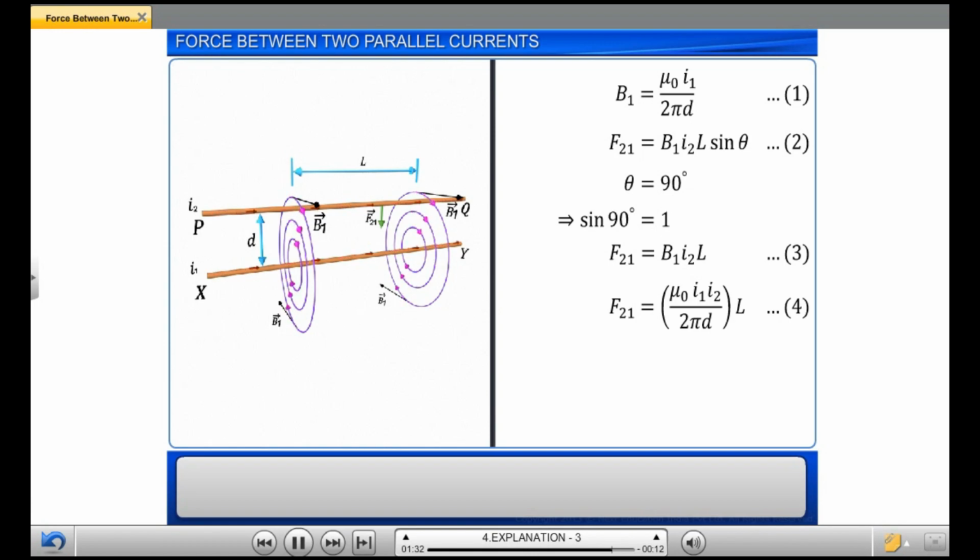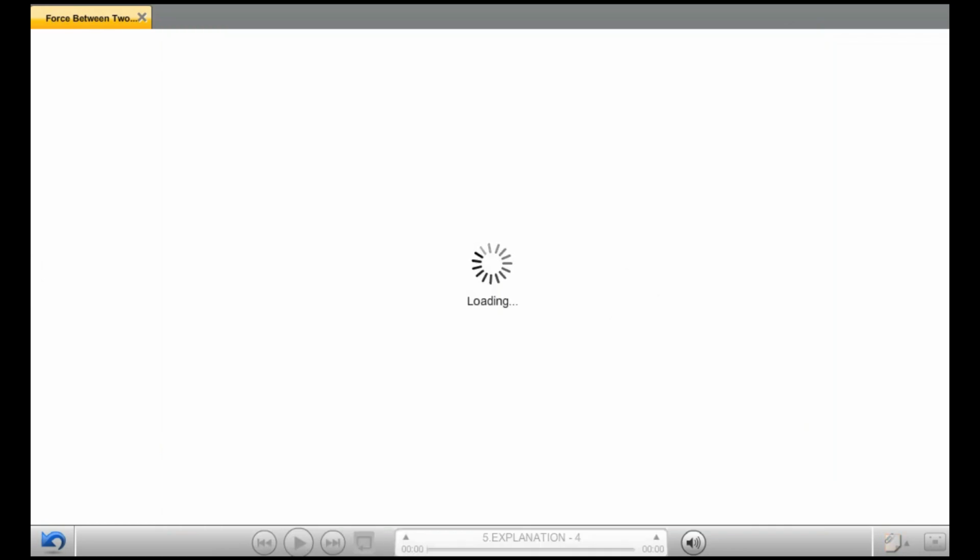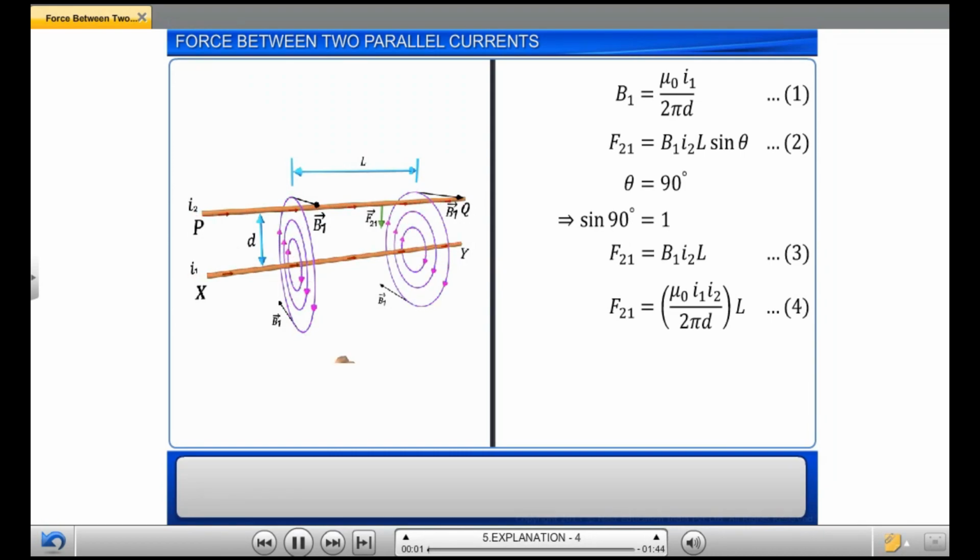The direction of the force experienced by conductor PQ due to the magnetic field produced by the conductor XY can be found using Fleming's left-hand rule. According to Fleming's left-hand rule, stretch the three fingers, thumb, forefinger, and central finger of your left hand mutually perpendicular to each other.